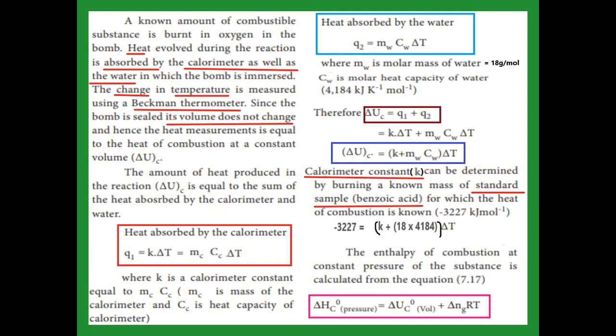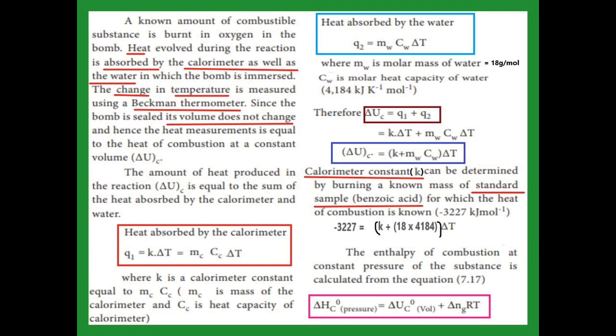Now substitute the Q1 value and Q2 value. We get the delta UC value equal to K plus MW CW and whole delta T. Then we want to find out the calorimeter constant, that is small k value, by using a standard substance, that is benzoic acid. If you place the benzoic acid in the bomb calorimeter, we can get some temperature changes.